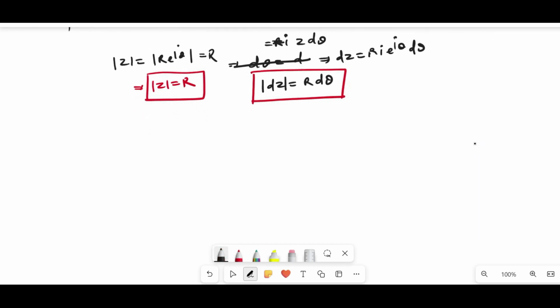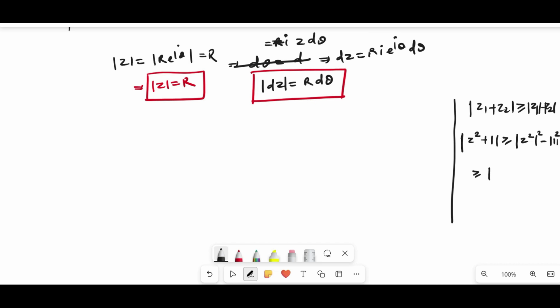Also we know that the mod of z1 plus z2 is greater than or equal to mod of z1 minus mod of z2. So now by using this, the mod of z square plus 1 is greater than or equal to mod of z square minus mod of 1.